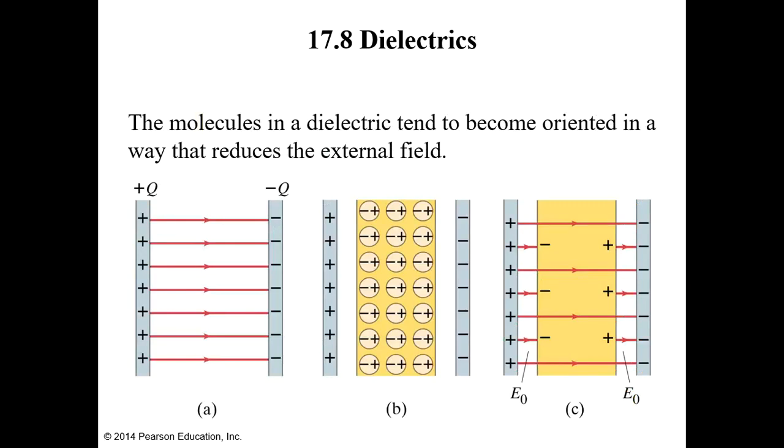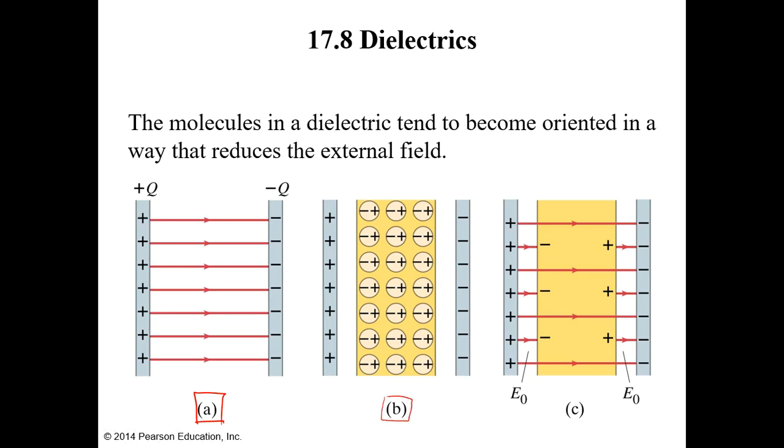Now, molecules in a dielectric do tend to become oriented in a way that reduces the external fields. However, because of that, it allows for more charge to be built up. So you have your capacitor with air, shown here in figure A, and then in figure B, you introduce a dielectric.